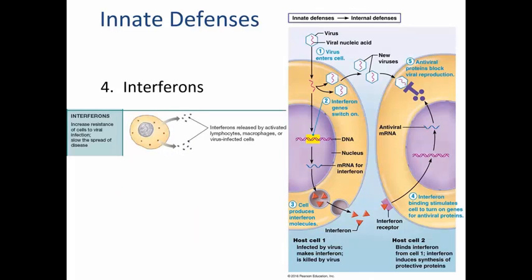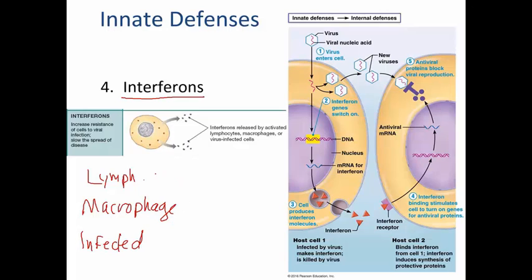The next type of innate defense is the interferon. Interferons are actually really quite cool molecules. Interferons are released by either activated lymphocytes, macrophages, or infected cells. Lymphocytes, macrophages, or an infected cell, which is what I'm going to talk about as an example here in just a second. So all of these are going to secrete these molecules called interferons.